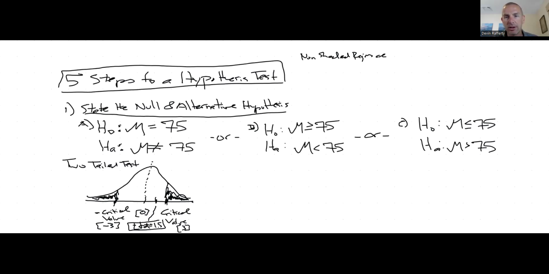Let's do interpreting. Non-shaded regions are non-rejection, which means you fail to reject the null hypothesis.